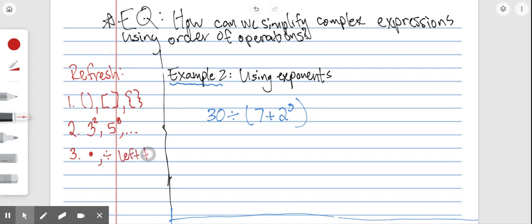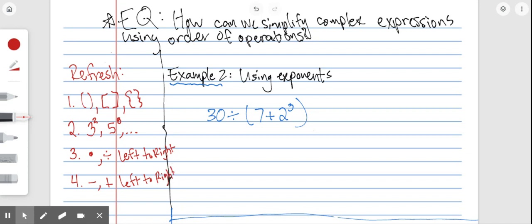Somebody asked me, Miss Miller, is it important that I write left to right? Yes, absolutely. Sometimes division will come first in an expression, and you have to do it first because it's the furthest most left. It doesn't matter which one comes first as long as it's done first. And last but certainly not least is subtraction and addition, again from left to right. It is very important that you do it from left to right.